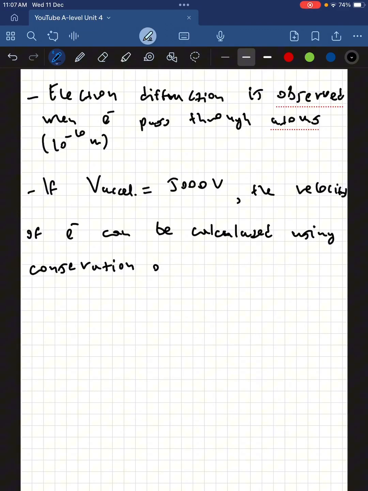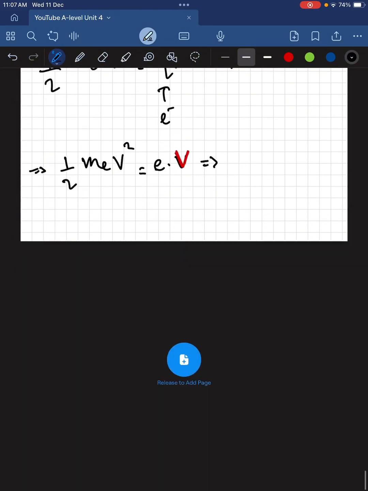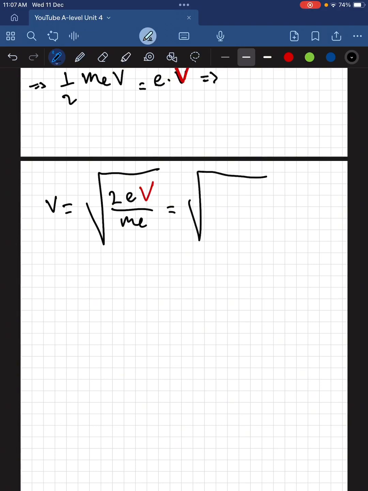So 1/2 times the mass of the electron times its velocity squared should be equal to Q times V. What's the charge of one electron? E, right? So 1/2 the mass of the electron times v squared is equal to E times voltage. Actually, let me write this voltage with red so that it doesn't look the same as the velocity, okay? So v is simply the square root of 2 times E times the voltage over the mass of the electron.